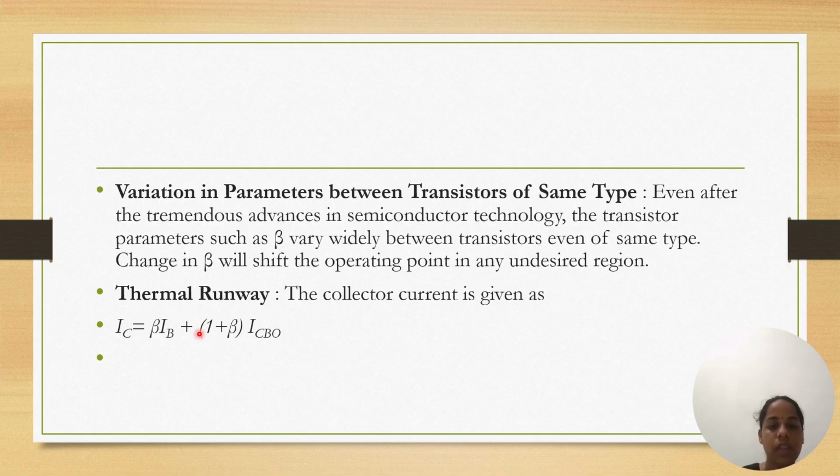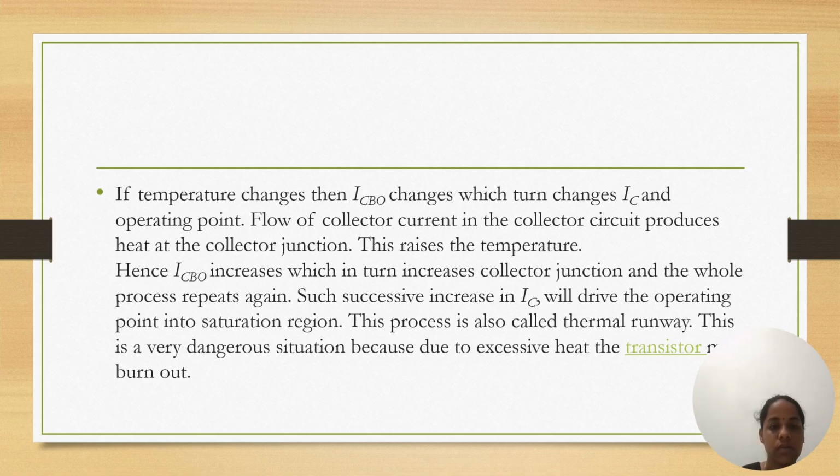Here 1 plus beta gives the temperature dependence of IC. If temperature changes, then ICBO changes, which changes IC and the operating point.